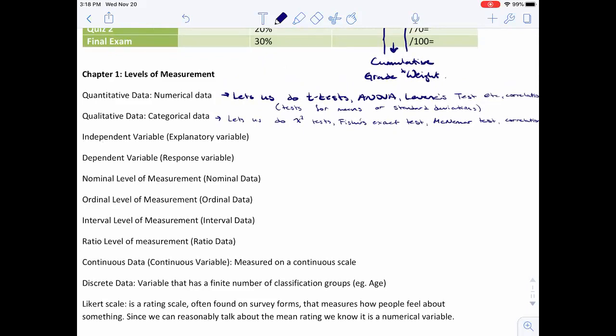So depending on what type of variable we're analyzing, that's going to dictate what type of tests we can do. Then we have to keep track of our independent variable and our dependent variable. The dependent variable is also known as the response variable. This is the variable of interest, also called the outcome variable.